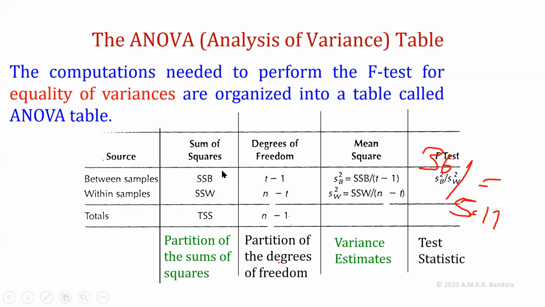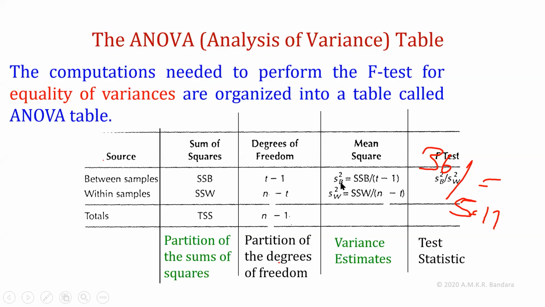So here we have sums of square calculated for between sample variability. Here sums of square calculated for within sample variability. This is total sums of square. Then here we have degrees of freedom: total degrees of freedom, treatment degrees of freedom or between degrees of freedom, and this is within degrees of freedom or residual degrees of freedom. Then this sums of square divided by degrees of freedom, you can get the mean sums of square.